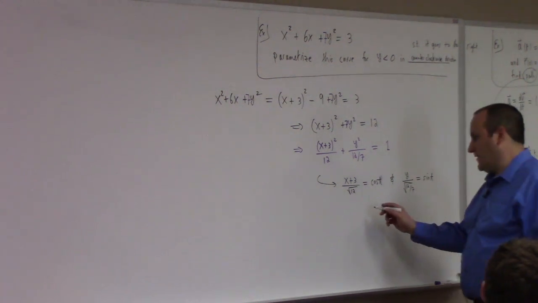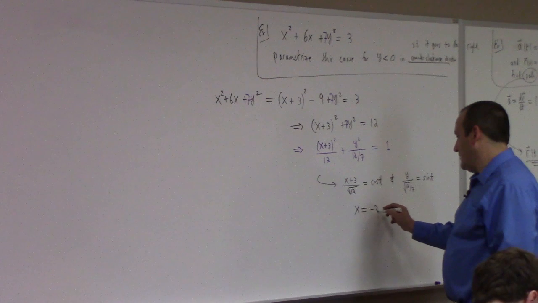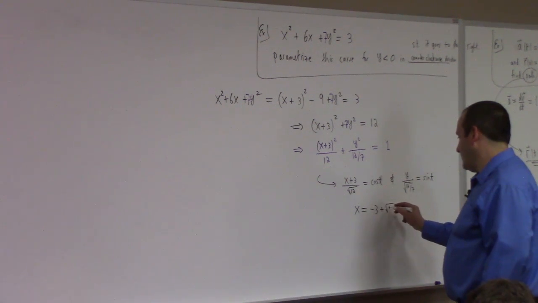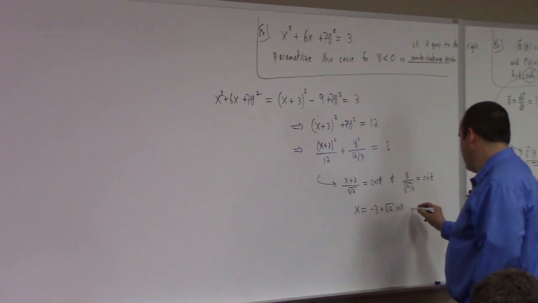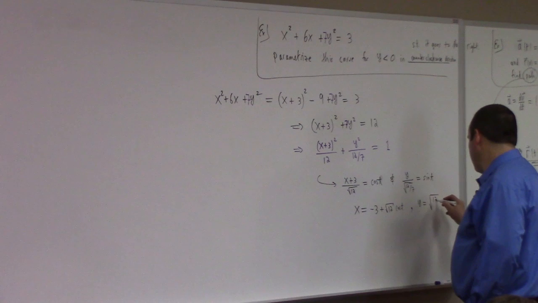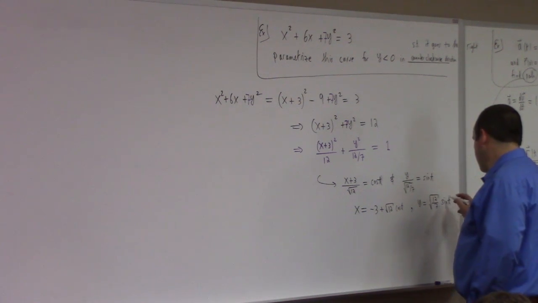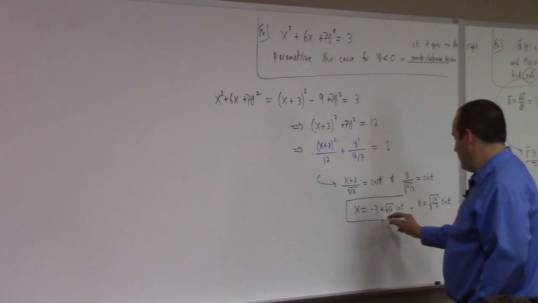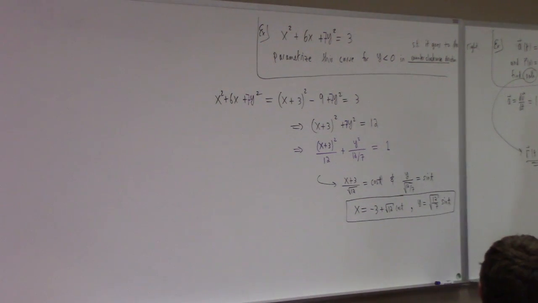And so then I solve for x: x is equal to minus 3 plus the square root of 12 cosine t, and y is equal to the square root of 12 divided by 7 sine t. And those are parametric equations for this curve, right? So I can draw a picture.